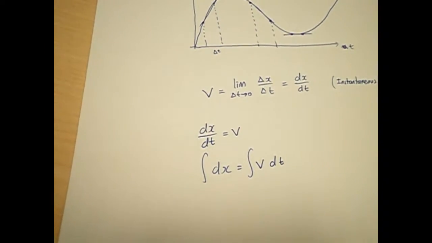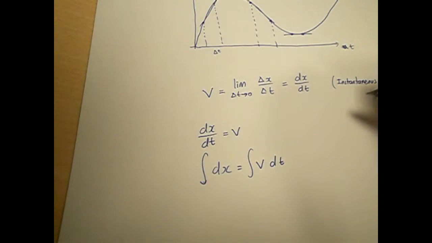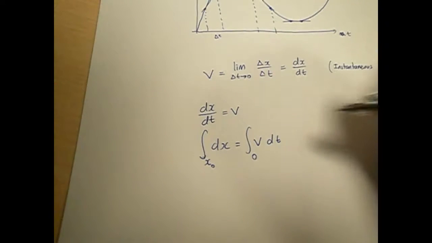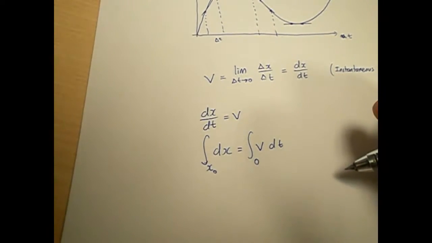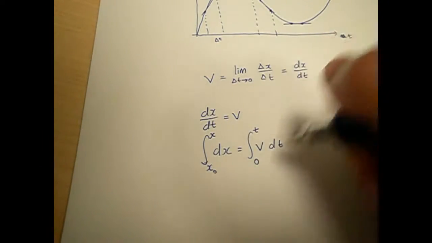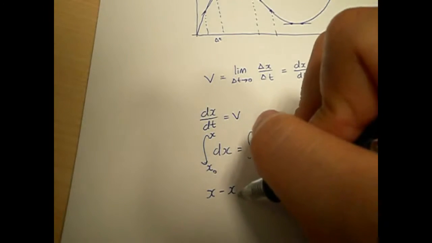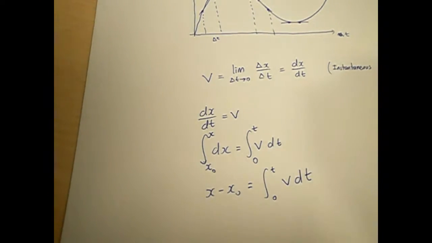Of course, when performing integrations, we would need to know the limits of the integration. So let us suppose that the initial position is x0 at time 0. This gives our lower limits. At some later time t, the object is at x. Working out the limits of integration, we see that the left-hand side is simply the final position minus the initial position.